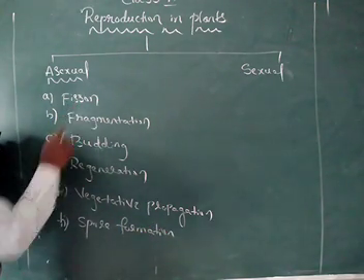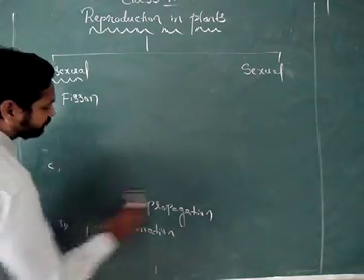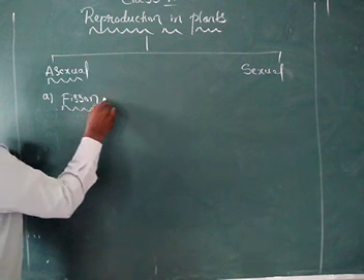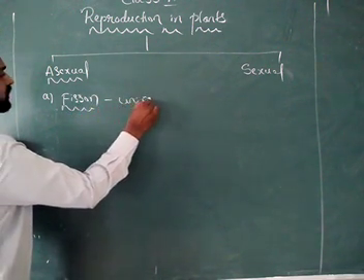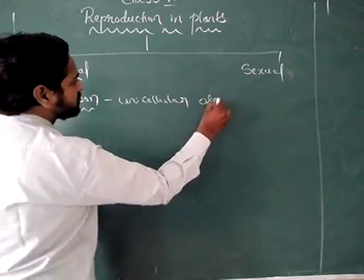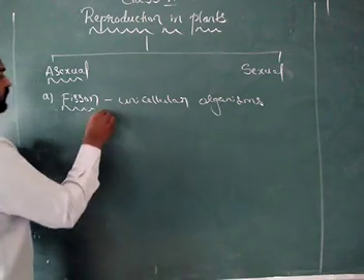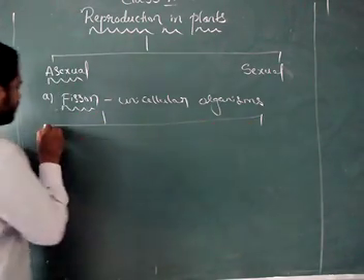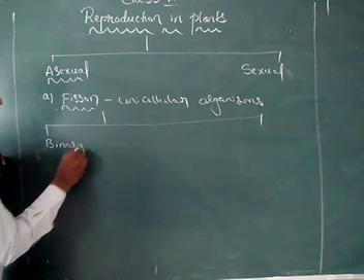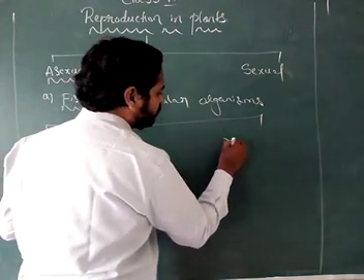Let us see the first one, fission. The fission is seen in unicellular organisms. The fission is of two different types: binary fission and multiple fission.